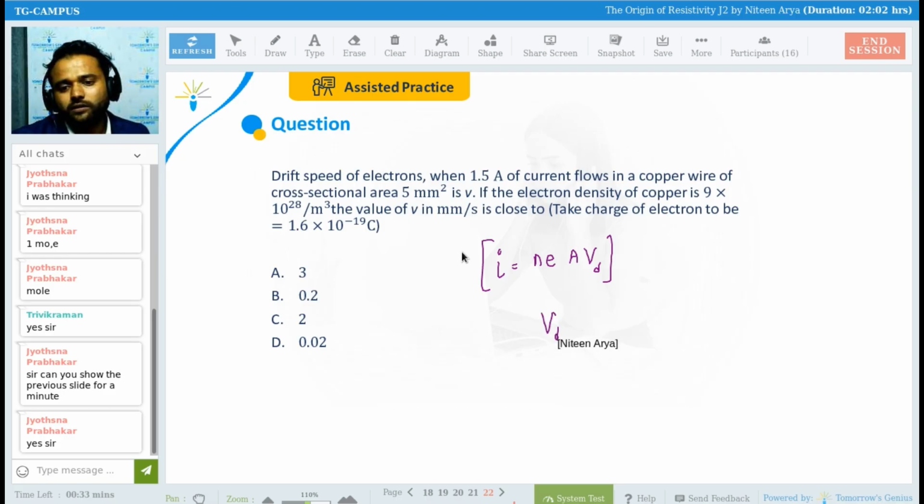So you get something which is of the order of 10 to the power minus 3 meter per second. That is enough hint I have given you guys. Everything is given, so put it into the formula and find the correct answer.